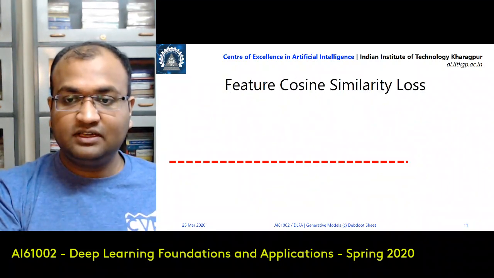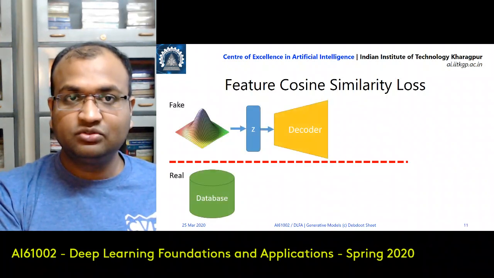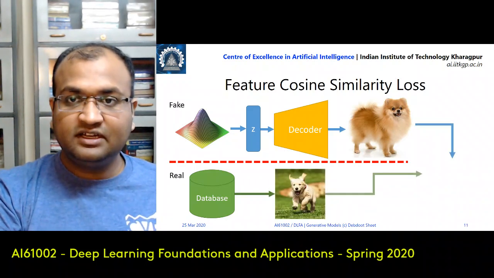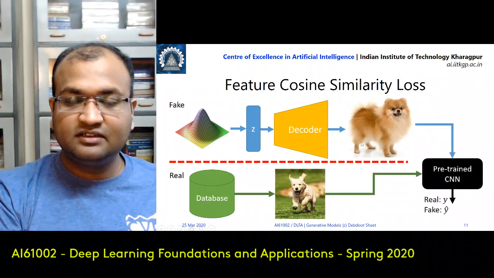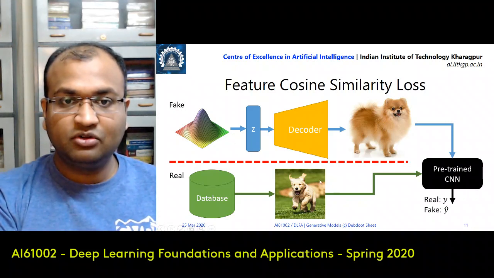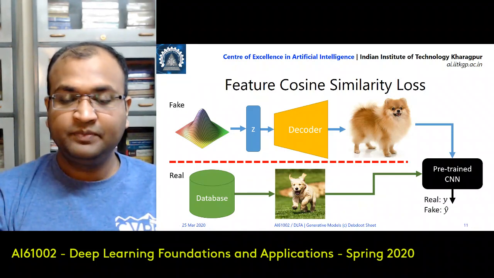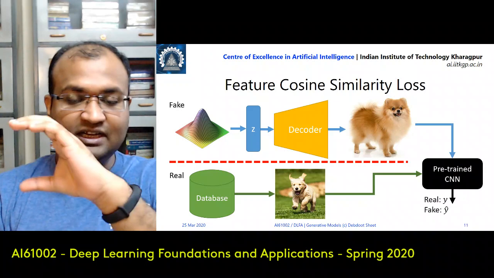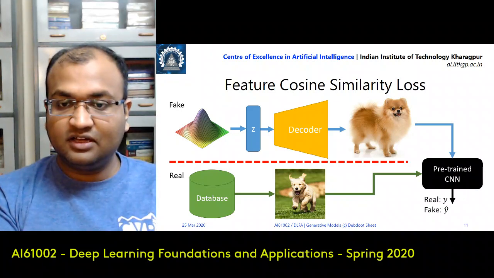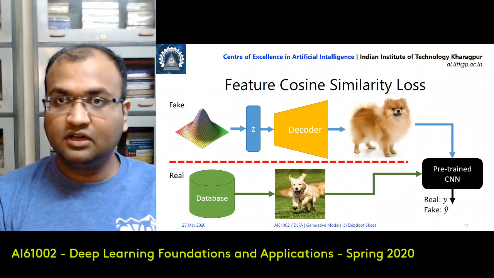Now, this is not the only way you can do that. Apparently, it turns out that you can also use something which is called a feature cosine similarity loss. So the idea is that you either take an image which is generated from the decoder, which is fed from a random number, or you take a real image, and then feed it through some sort of pre-trained CNN. Now this pre-trained CNN can be something like a VGGNet, AlexNet, or any of them. You just delete the final classification layers. Now that you delete the final classification layers, you are left only with the features available over there.